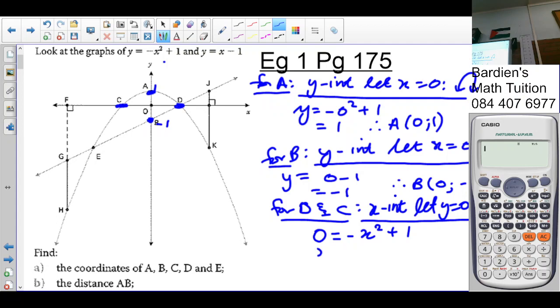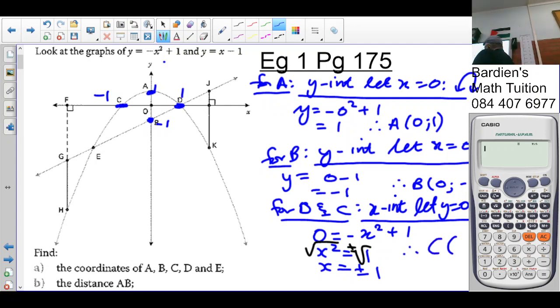So we say x squared is equal to 1. If I introduce square root, what must I not forget? Plus minus. So x equal to plus minus 1. So 1 is the plus and 1 is the minus 1, not so? But have I answered the question? No. So therefore, C would be, you see the positive one or the negative one? Negative. Negative part for x-axis. Then of course D is the other one.